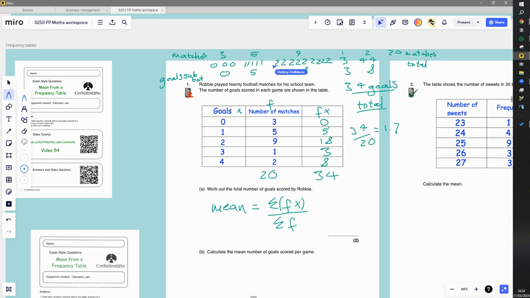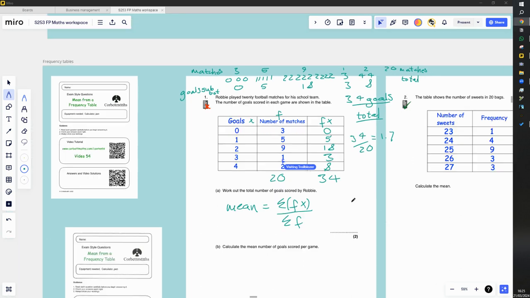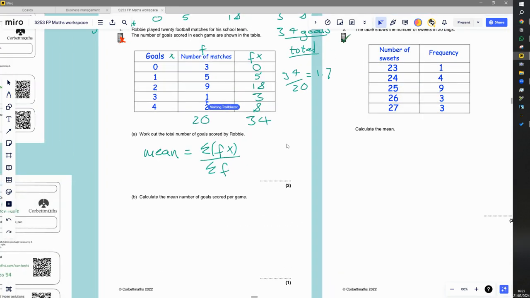So let me just pause this for a moment. Let's just have a look at the question. It's saying, what is the total number of goals scored by Robbie? Well, we just add all these together and we get 34, which we've done. What is the mean number of goals scored per game? We do 34 divided by the number of matches, which is 20, which should give us 1.7.